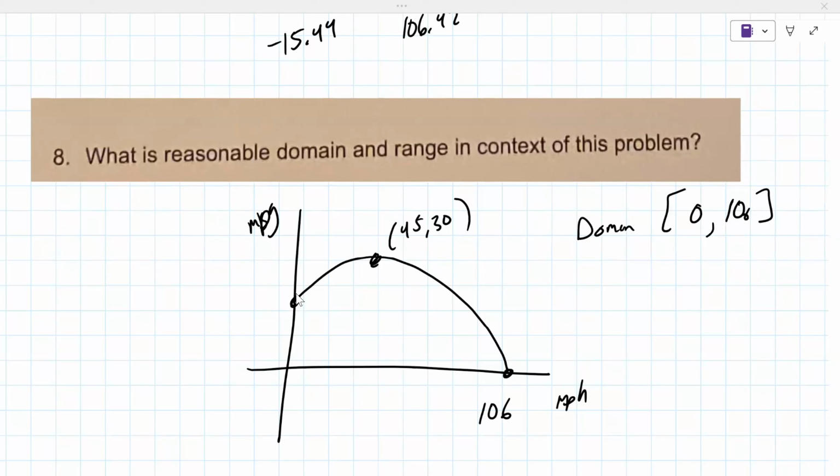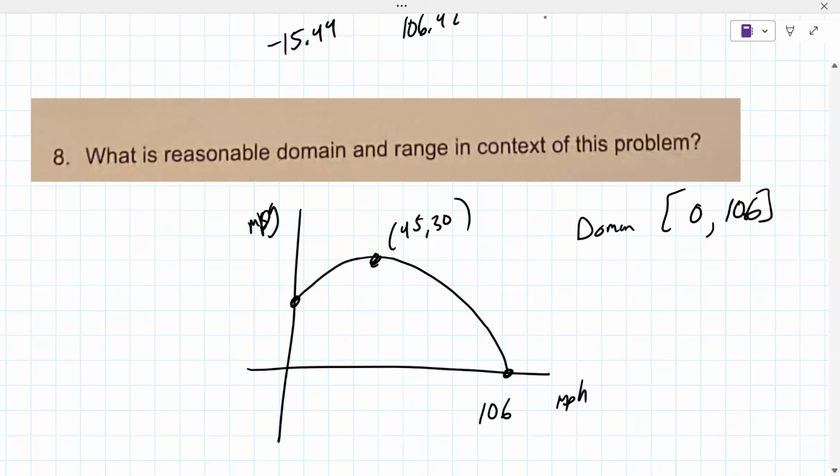The last thing you were saying was you were just starting to put down those points on the drawing there. Yes, these are just the y-intercept, the x-intercept, and the vertex. Because we know that the only reasonable miles per hour is from 0 to 106. The story is we started at 0 miles per hour, and then we went to 106, and then the line going down is representing the gas.